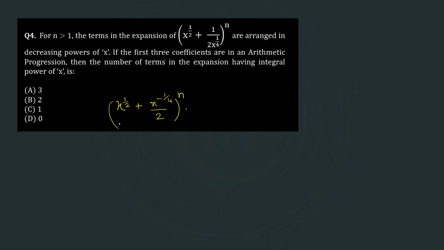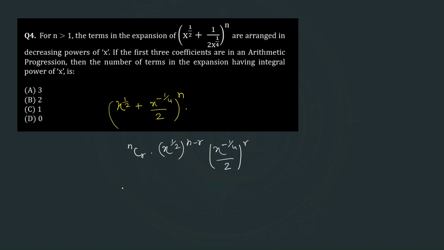So the general term of this expansion, when the power of this second term is increasing, will be nCr, then (x to the power half) whole to the power n minus r, then (x to the power minus 1 by 4 divided by 2) whole to the power r.